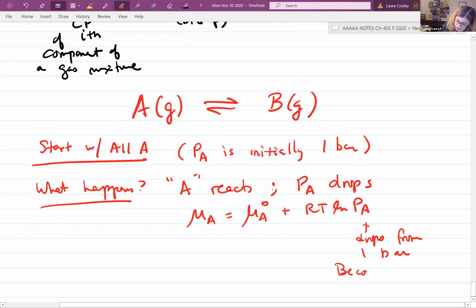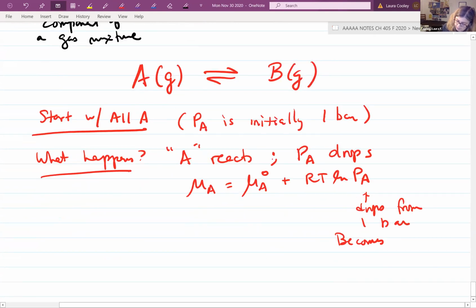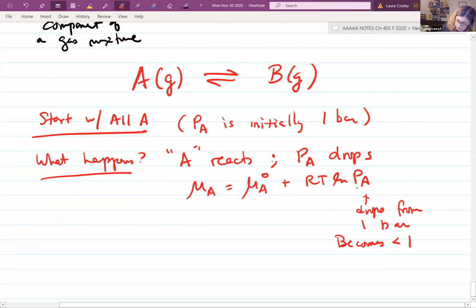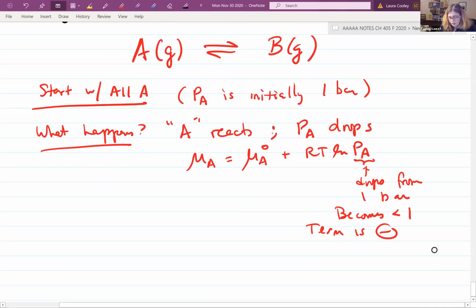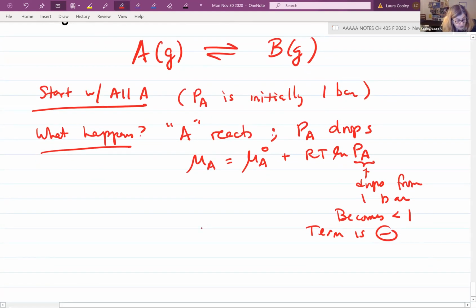So this PA becomes less than 1, so this term is negative. That means the chemical potential of A becomes less than what it is initially, right? It drops. The chemical potential of A drops as the reaction goes on.